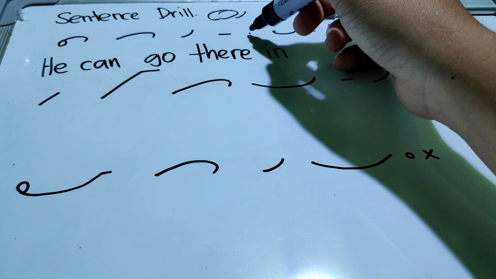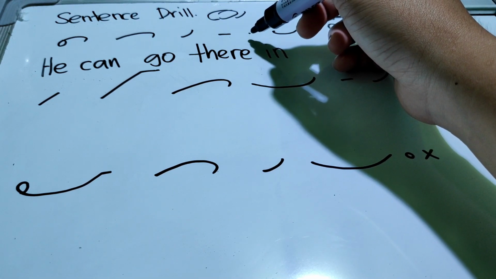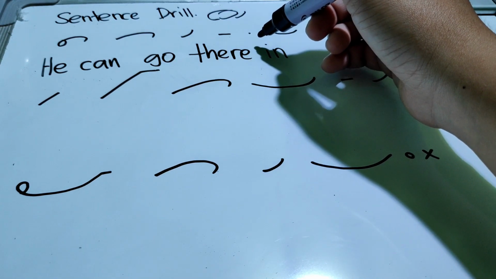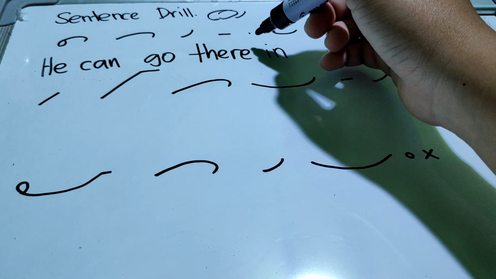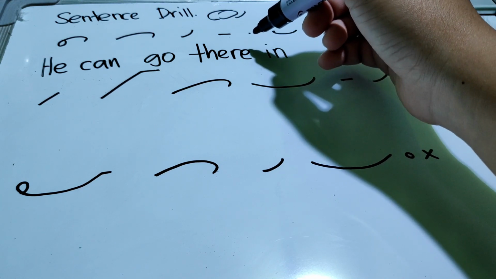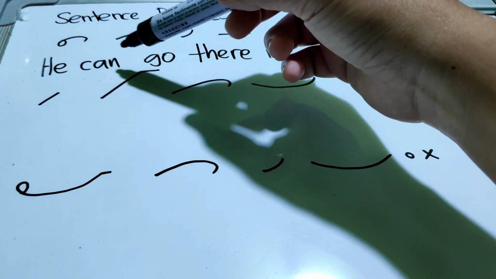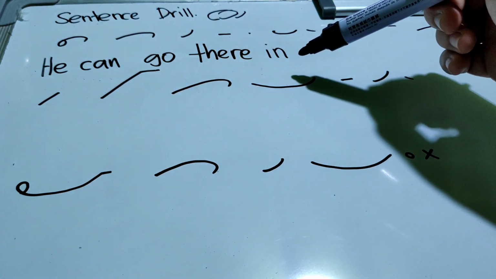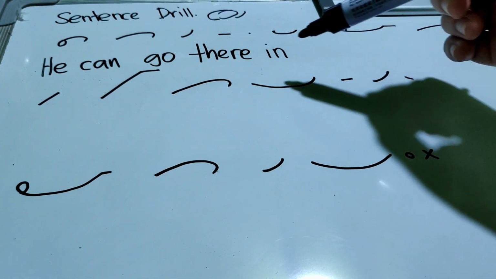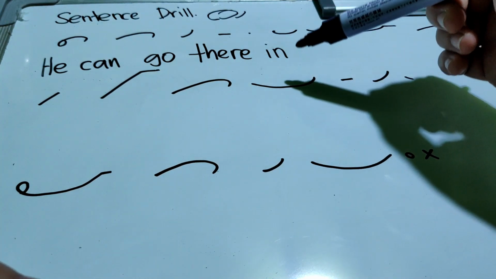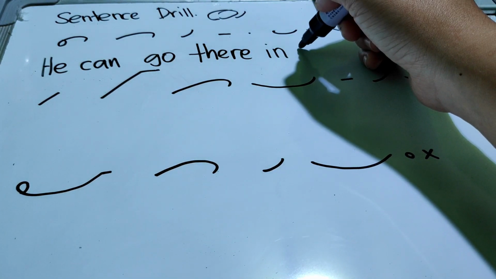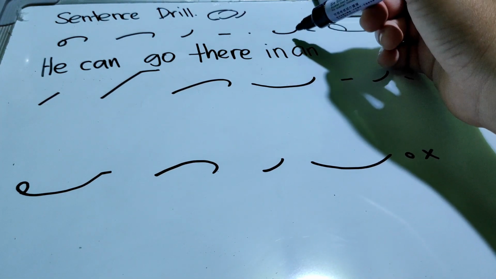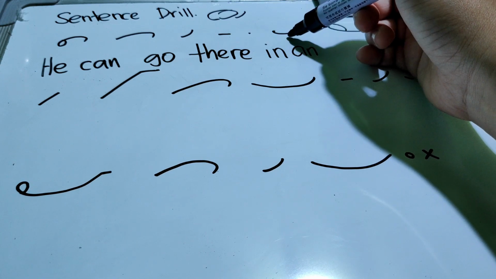Next is kaning tuldok. So the tuldok is transcribed as a and an. So sa imong sentence, he can go there in a. So di siya pwede an. So he can go there in a, in an, and then kani siya nga stroke is the letter R, right?